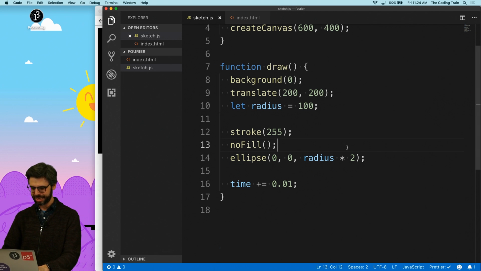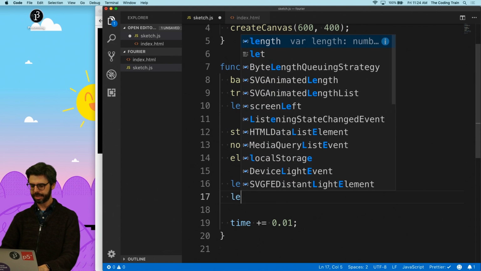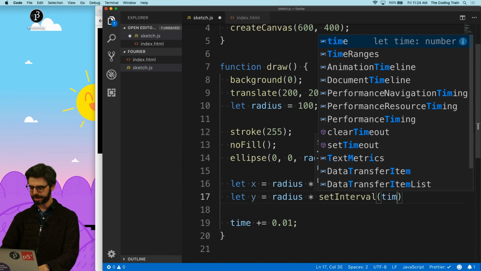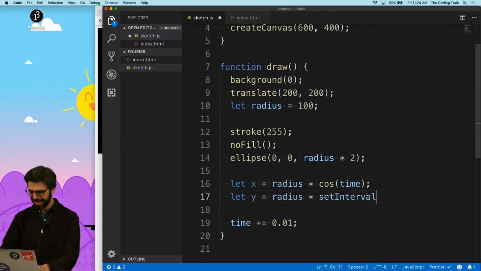I'm going to say let x equal radius times cosine of time, and let y equal radius times sine of time.